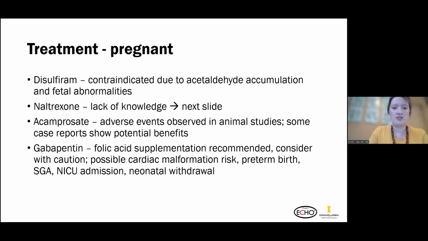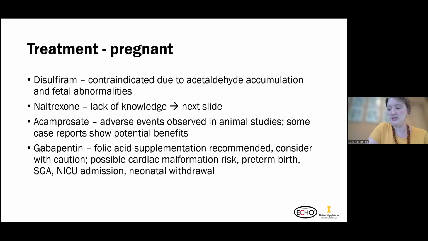Gabapentin is off-label use for alcohol use disorder. That is one where there is a little bit more information about use during pregnancy. So technically, gabapentin is an anti-epileptic, so we recommend folic acid supplementation if this medication is going to be used.